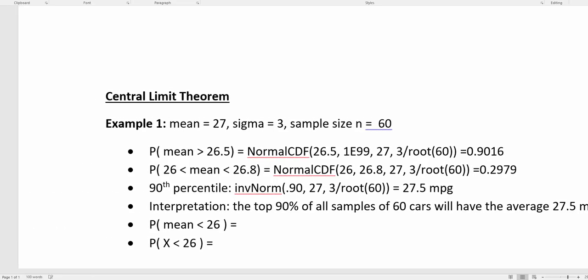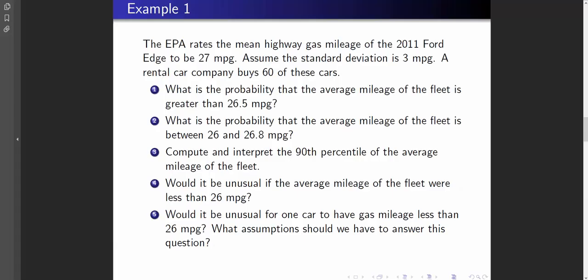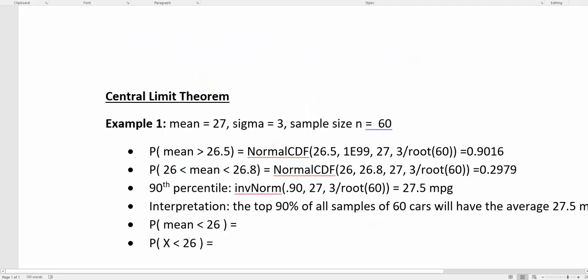Would it be unusual if the average mileage of the fleet were less than 26 miles per gallon? When it's asking us something about unusual, we need to compute probability. So this is asking if the probability is small. So what do we do here? Normal CDF. We go from negative infinity, our low bound, to 26.